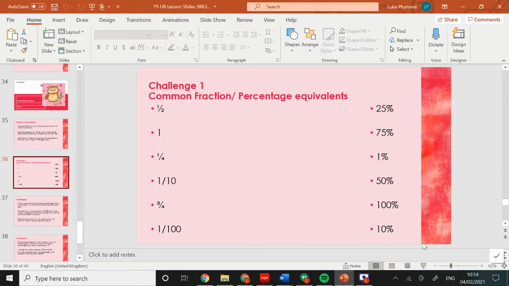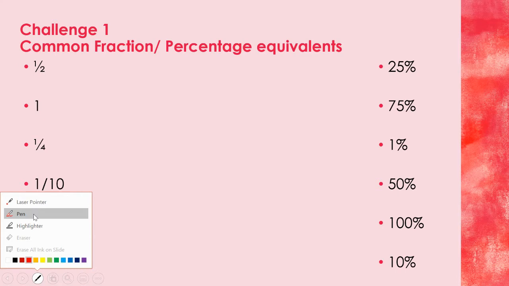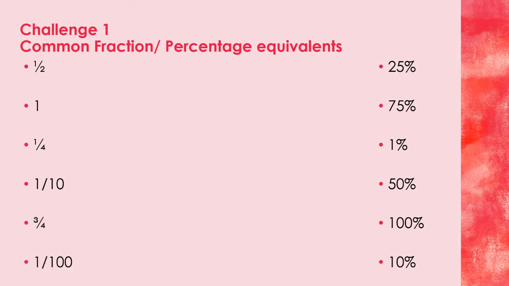So here are some of the common fraction percentage equivalents. Let's start with 1. 1 is 1 whole, isn't it? We know as a fraction, 1 would be any fraction where the numerator and denominator are the same. So we are talking about all of our group, all of it.